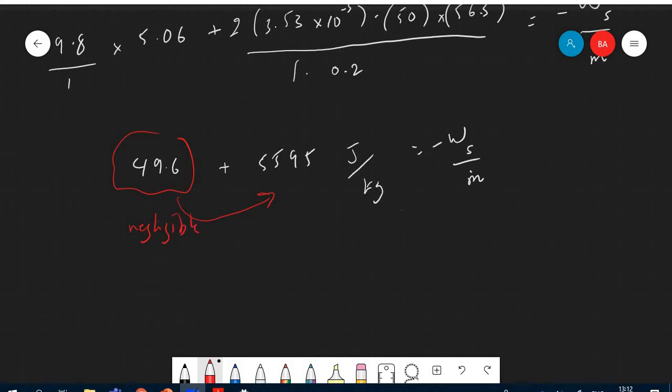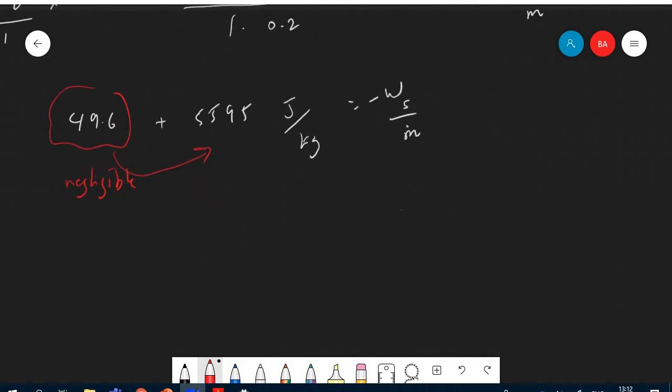But we are going to continue on. It just shows you how much higher the other terms are in comparison to this term here.